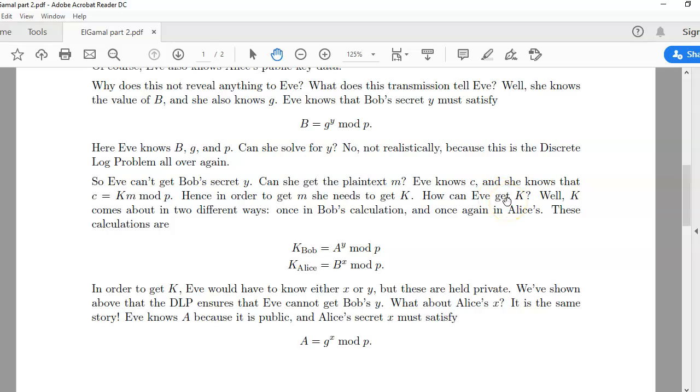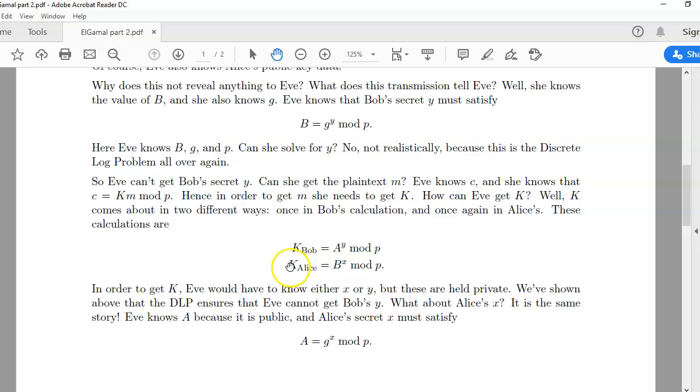Let's think about how K comes about. K comes about in 2 different calculations: once when Bob calculates it, and once again when Alice calculates it. These calculations are, for Bob, A to the Y, and for Alice, B to the X. So in order for Eve to get K from doing Bob's math, she would need to know Y, but we just argued she doesn't know Y. What about Alice's math?